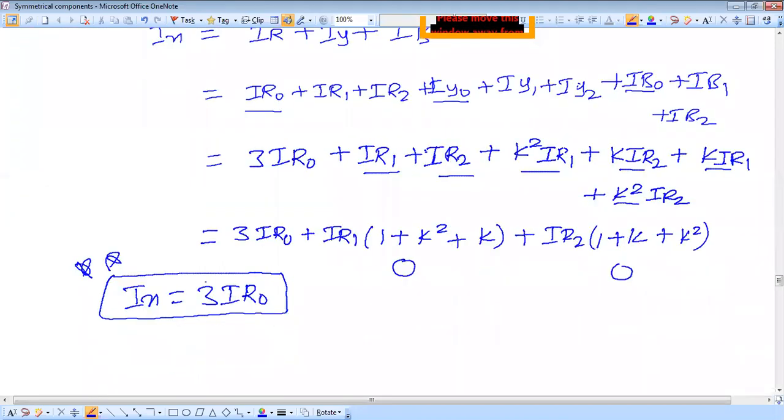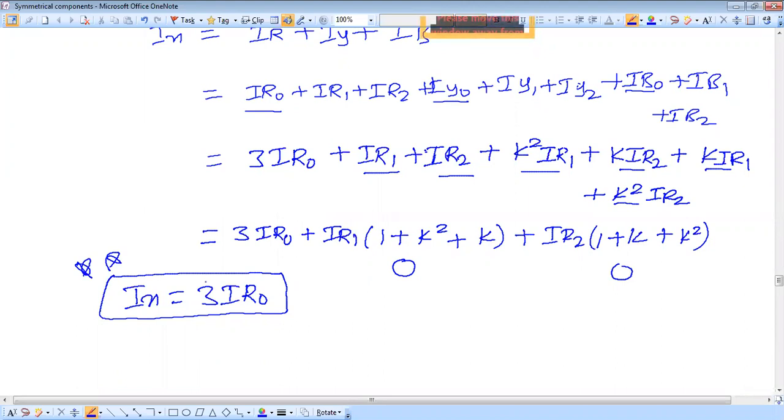For that reason, we are going to draw the sequence networks. We will discuss that later. In the sequence networks, we always take the neutral as the reference for the positive sequence network and negative sequence network. But ground is taken as the reference for the zero sequence network. Why?